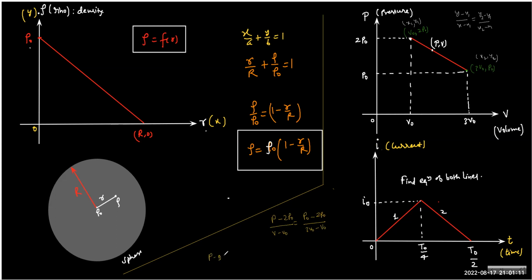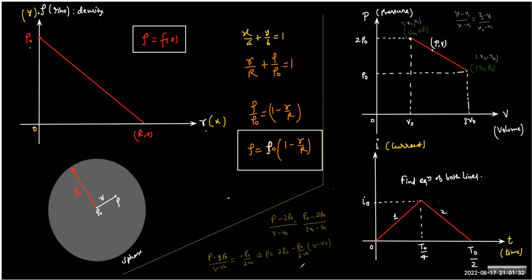So P minus 2P0 upon V minus V0 is basically minus P0 by 2V0, right? And 2P0 minus P0 by 2V0, V minus V0.